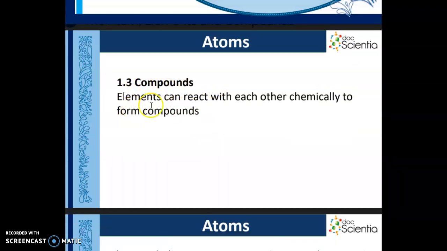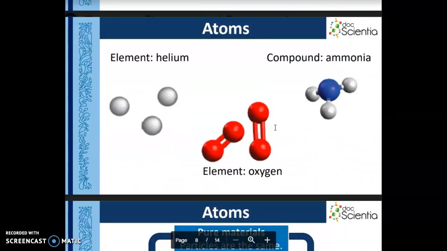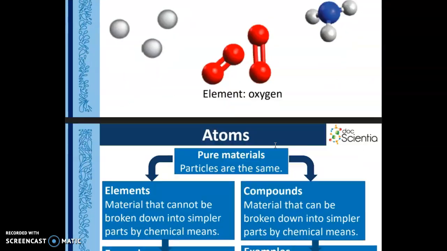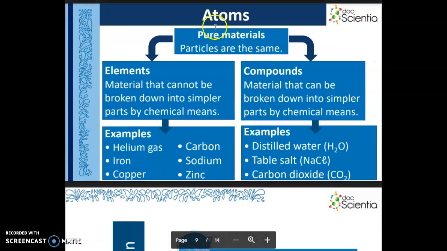Compounds. Elements can react with each other chemically to form compounds, like the element nitrogen and the element hydrogen. When they come together, they form the compound ammonia. Atoms. Atoms are made out of pure materials, and the particles are the same for pure materials, and they are made out of elements and compounds.